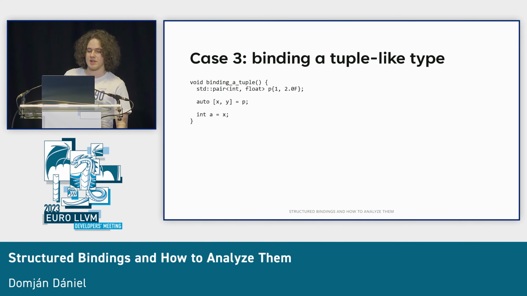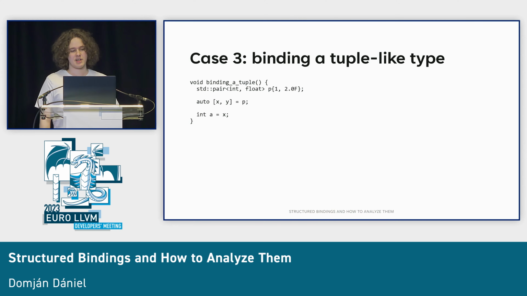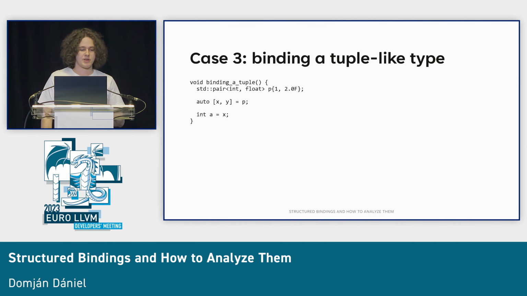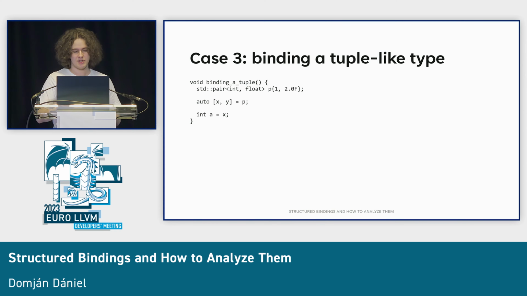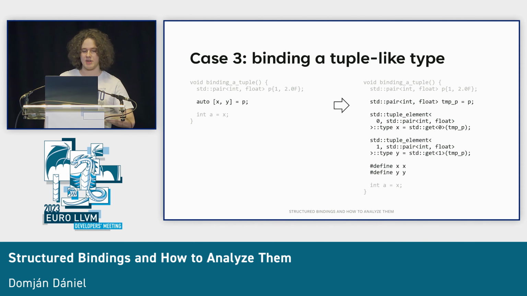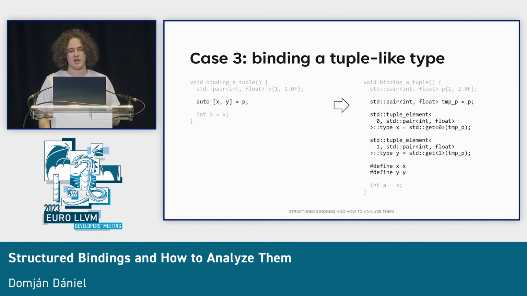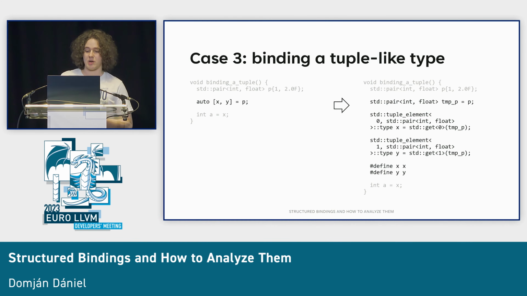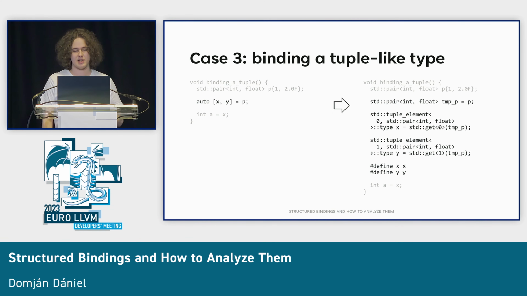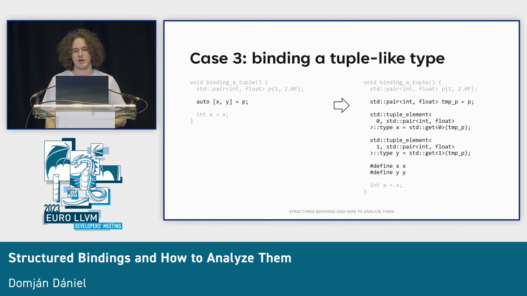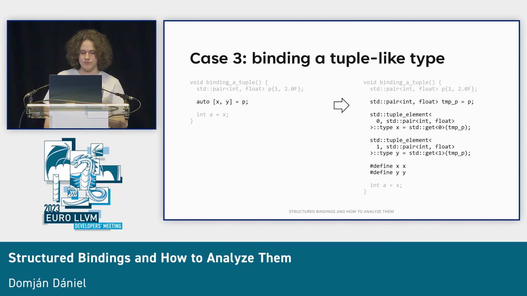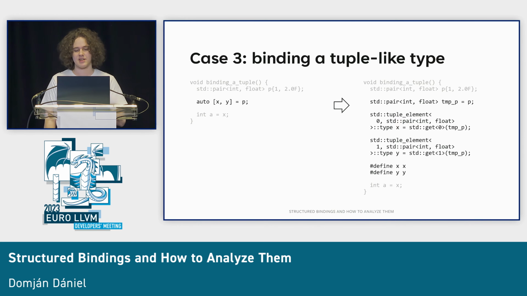And the third and last case is binding a tuple-like type, which is a bit different from the other two cases, because here, after the temporary variable is created, for every identifier a new variable will also be introduced, where the type of the variable is determined by the std tuple element helper, and the initial value will be returned by std get, with the corresponding index, of course.